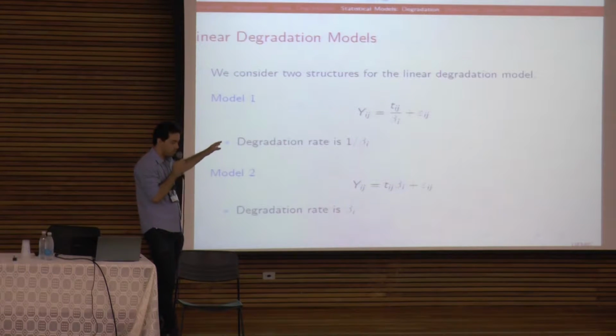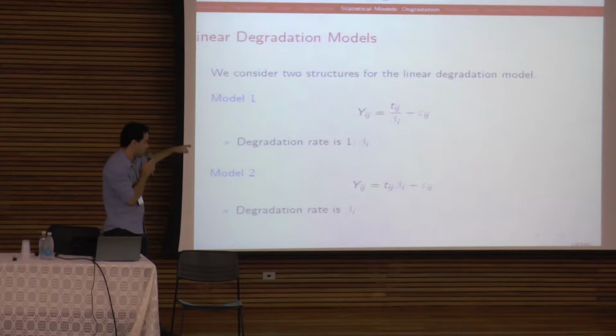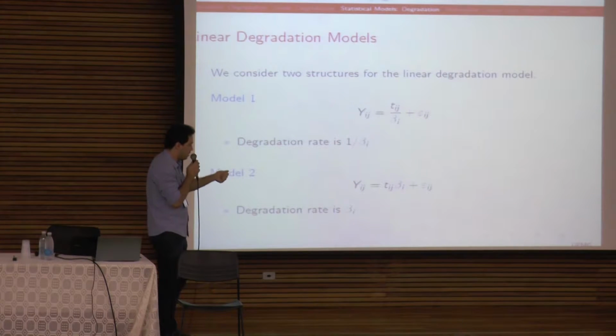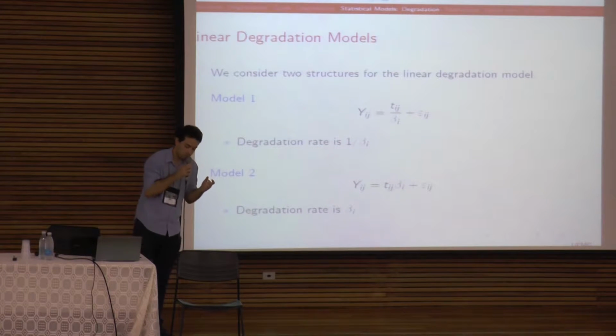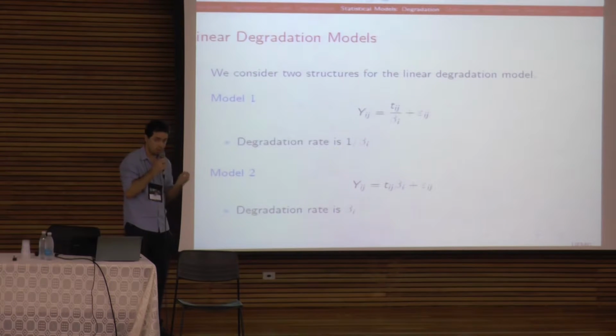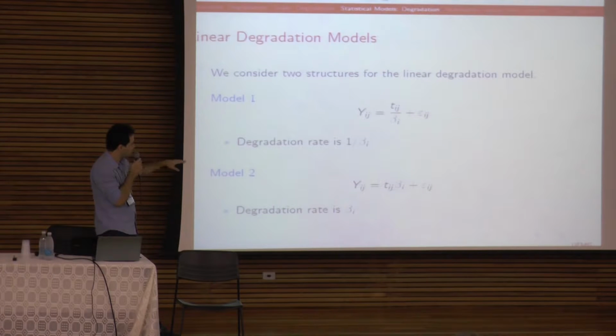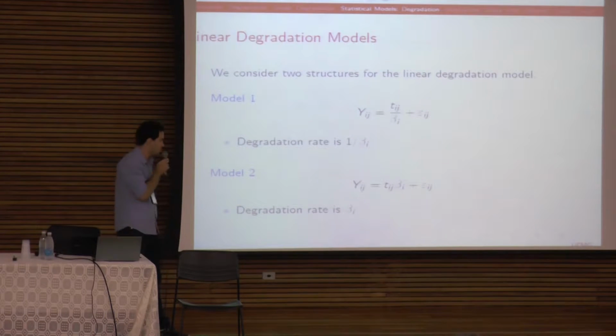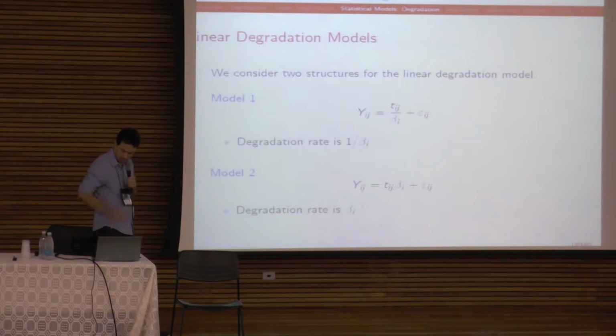For that method, you have to use this form. Otherwise, you won't get some closure over beta and time to failure, and it will not allow the method to be used. Our method can be used even if you use 1 over beta or just beta in the model like this.